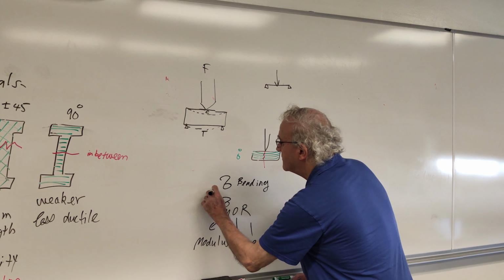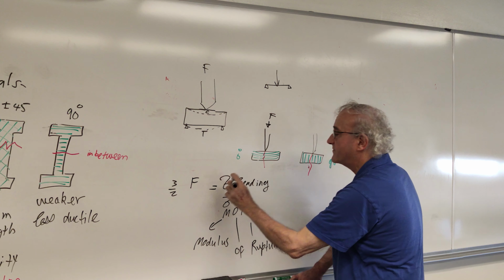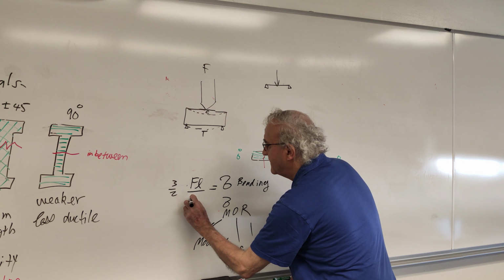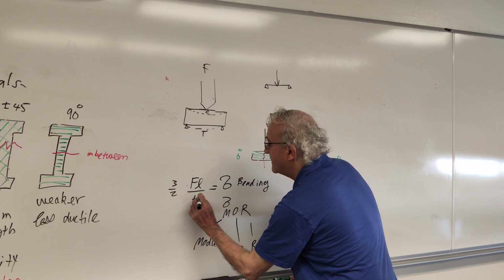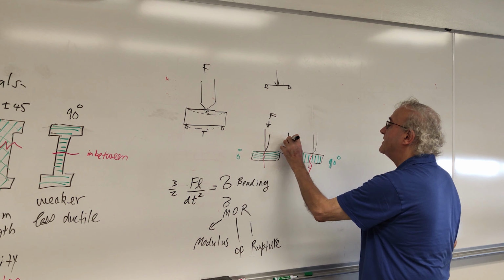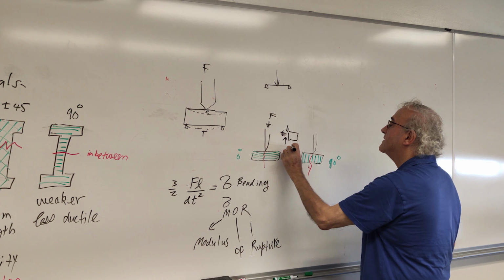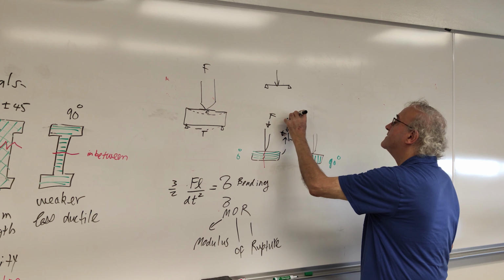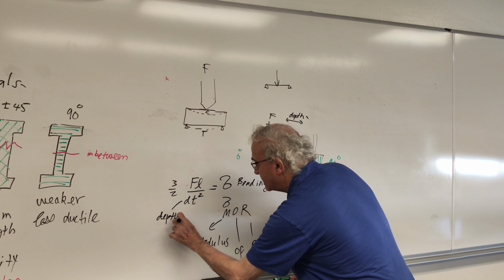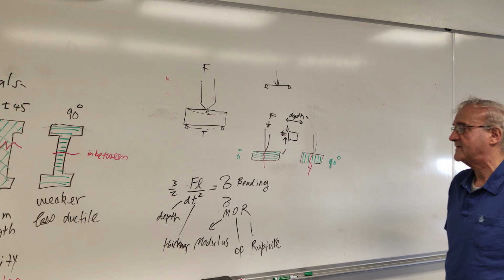And this is usually equal to 3/2 F, where this is the force F, times L divided by, I think, the thickness squared times the depth. So if I take here the thickness, and this is the depth or the width, we'll have a formula like this. I'm not sure if it is correct. We can check it out later. I'm not very good at memorizing formulas, but it's something like that.